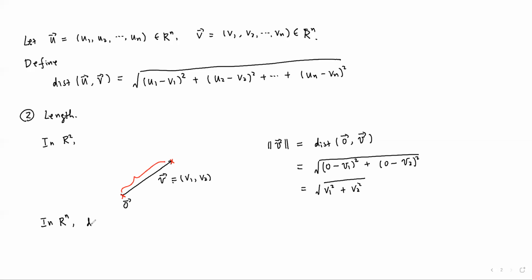We define it by this formula: first entry of vector V squared plus second entry squared plus and so on, the last entry squared, then take the square root, as the length of V.